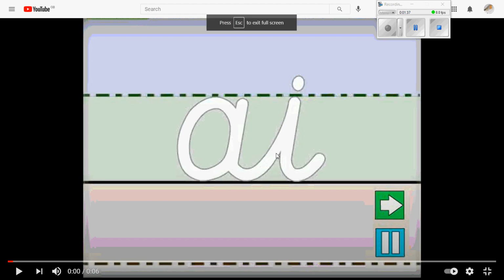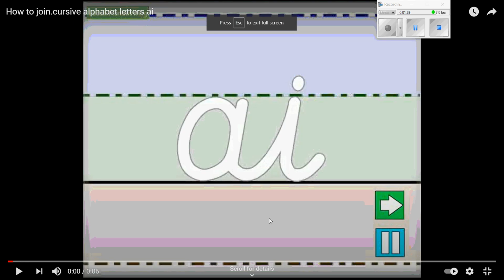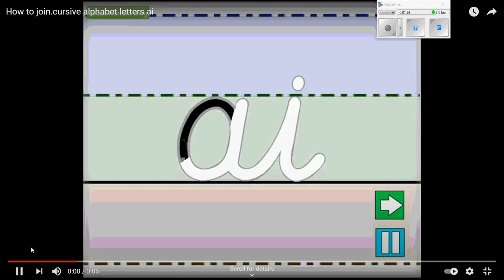It does go quite fast, so I'll play it a couple of times. We go around the apple, up the stalk, down the leaf, then our little diagonal, up to the eye, down, little flick, and then we finish with our dot for the eye. Play it from the beginning.